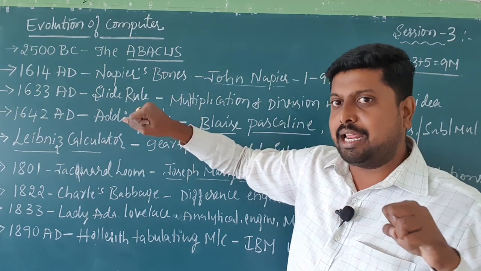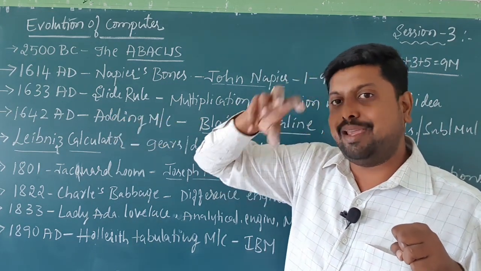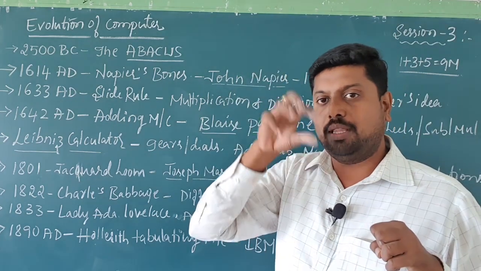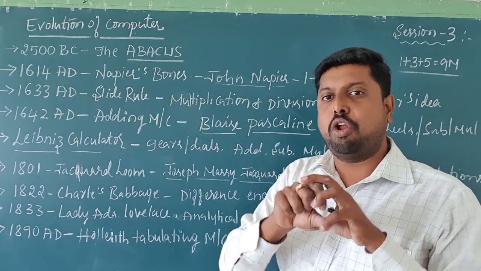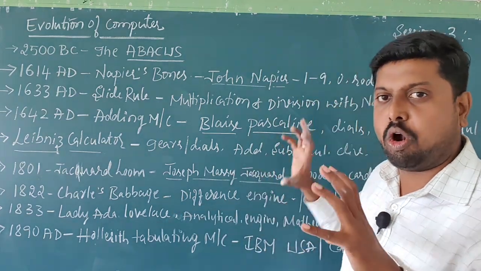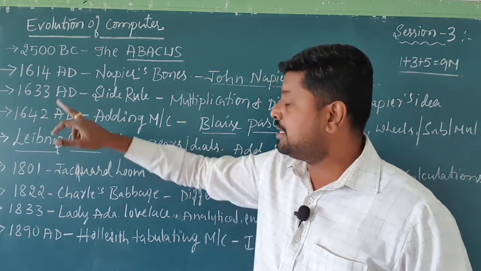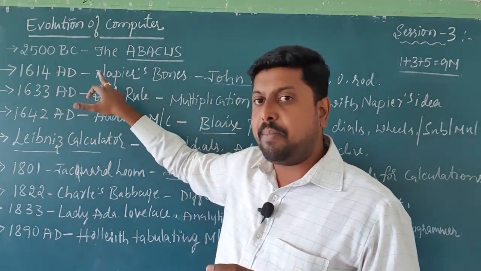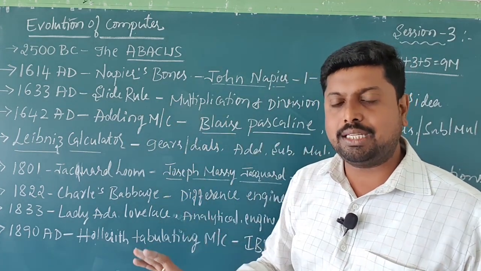Bones means it's like a rod. If you have a textbook, if you have a chance, just observe in that book. The diagram is also given. Check the Napier bones diagram. That is in the form of rods. So 1 to 9 rods are there and a 0 rod is there. With the help of those rods, calculations become easy. In 1614 AD, Napier bones is a calculating device. John Napier was the scientist who invented it.